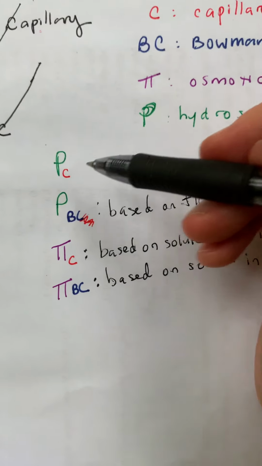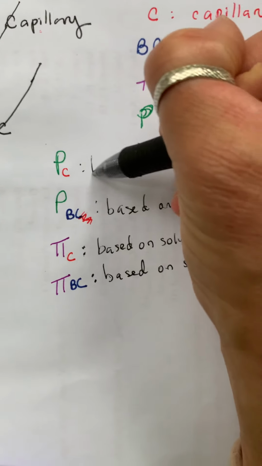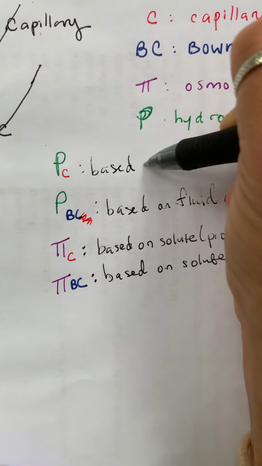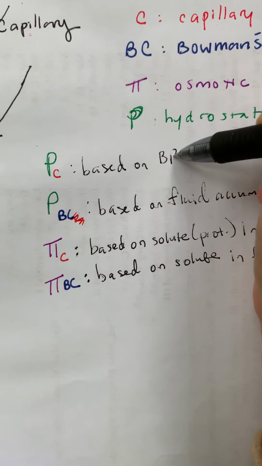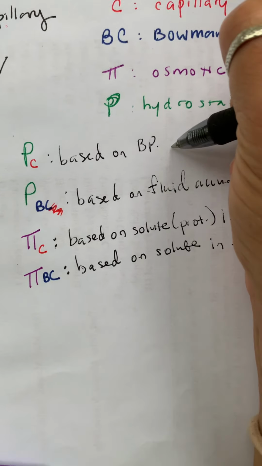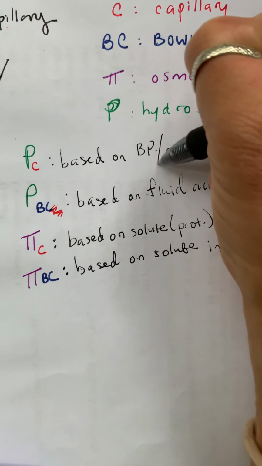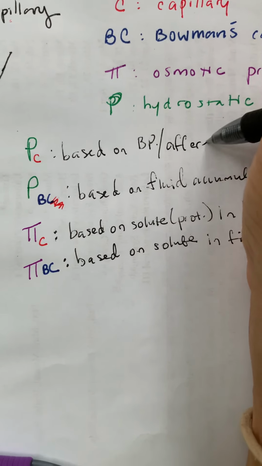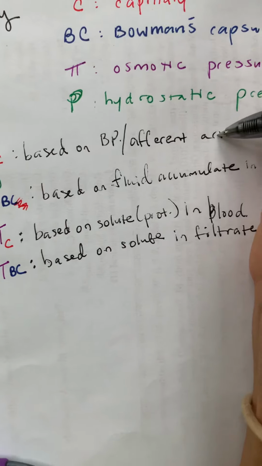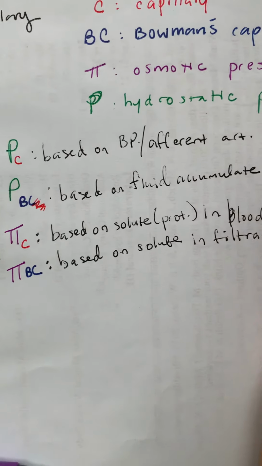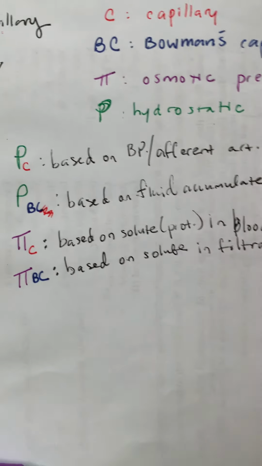And then our hydrostatic pressure of the capillary, we know that that's going to be based on blood pressure, but we can also see it dictated by our afferent arteriole. And so remember that afferent arteriole is what's delivering blood to the glomerulus.